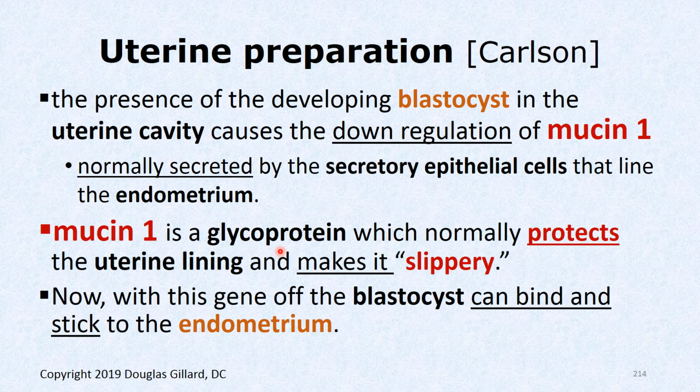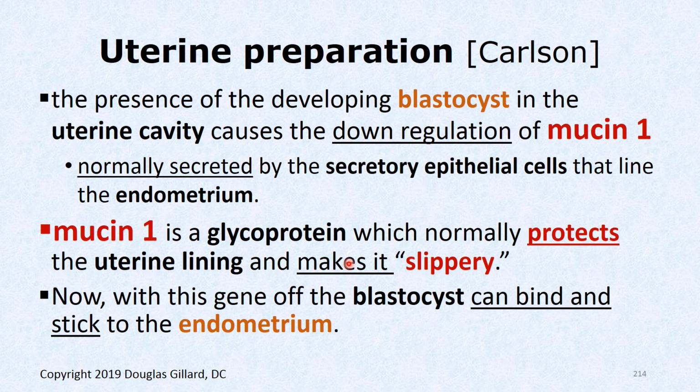Remember I said some of them have cilia, some of them are secretory. The secretory ones usually secrete a slippery mucus stuff called mucin 1. It secretes mucin, which binds to water to make mucus. If that slippery stuff is being secreted, you're not going to bind. It's too slippery to bind to, so you've got to turn those off. Secretory cells are turned off by mechanisms that we won't talk about.